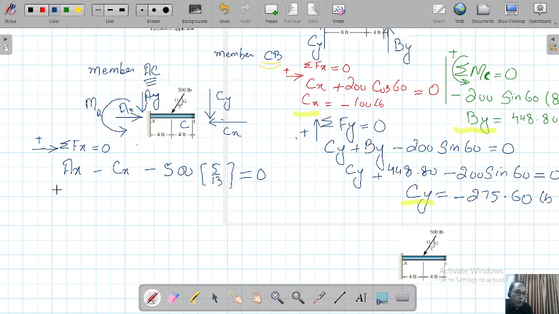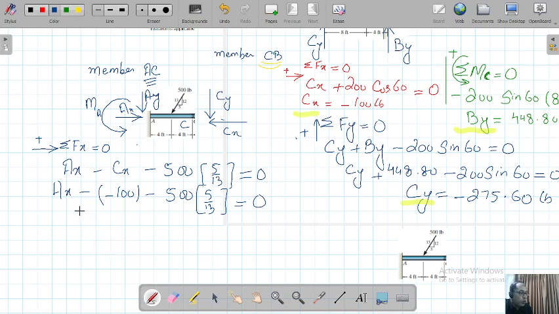So you don't know Ax, but you know Ax minus what was Cx that we calculated before. The value of Cx was minus 100, so we can write it as minus 100 minus 500 times 5 by 13 is equal to 0.